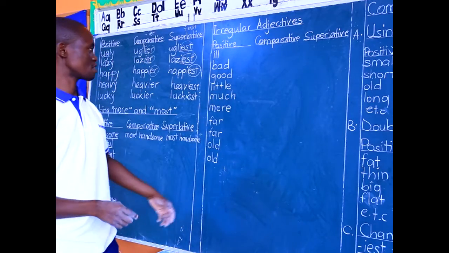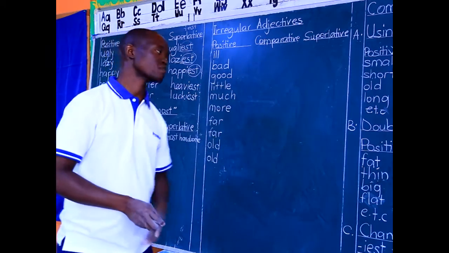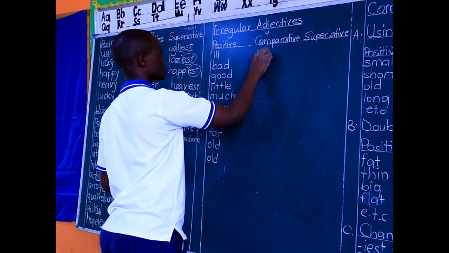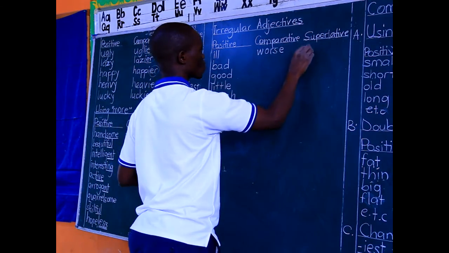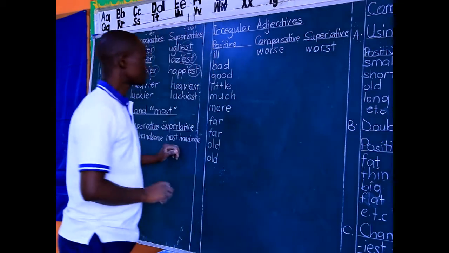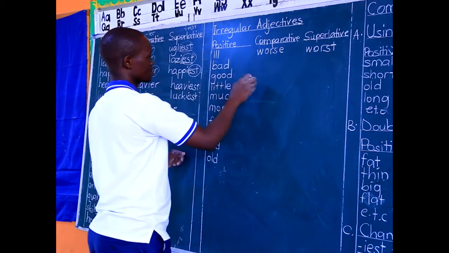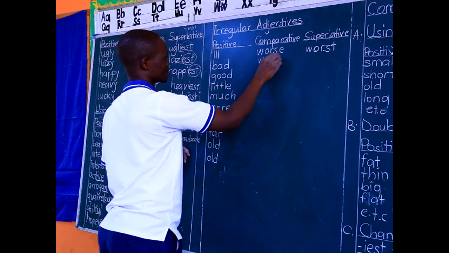So let's get the different degrees, the comparative degree and the superlative degree of these adjectives. We have ill which changes to worse. Then the superlative degree of ill is worst. Next we have bad, which is like a brother to ill. Bad and ill, similar, change to worse.